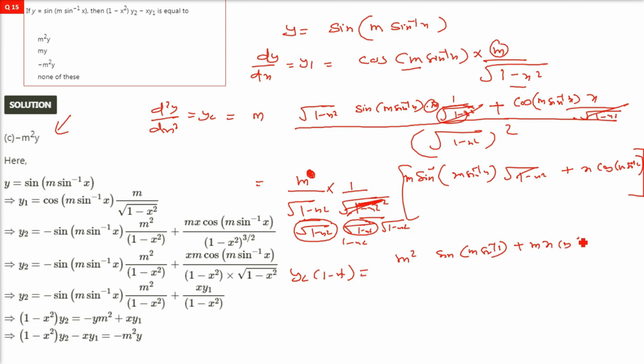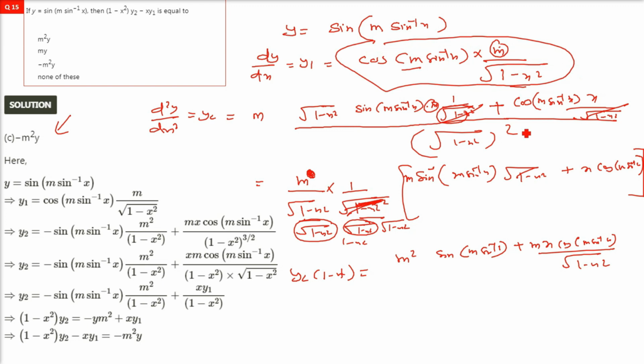Now we have mx cos m sin inverse x. You have to have under root 1 minus x square in the denominator, because it got cancelled with the first term, but it has to come with the second term. But what is this? This is y1, the whole term if I forget x.